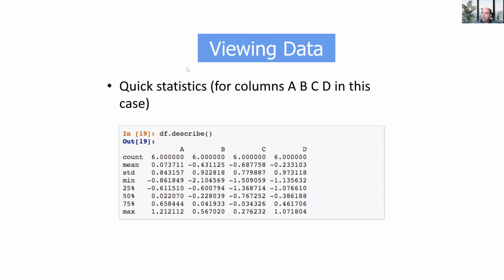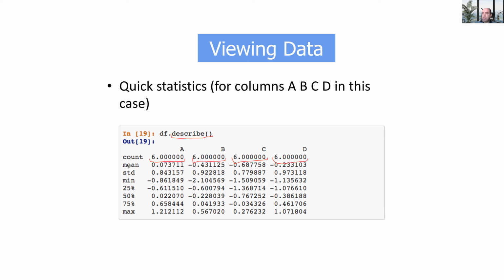In any case, if I want to see some statistics of my data, I use the method describe with parentheses, because this is a method, not an attribute. And I get, for each column separately, the count, so the number of values that I have. All of them will be 6, obviously.